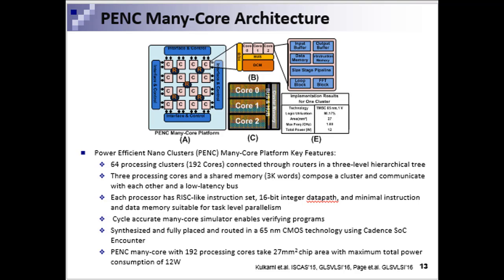This is fully placed, routed, and synthesized in 65 nanometer technology. Each core can be programmed through custom assembly, and there is a 16-bit data path, and there are 197 cores. The total chip area is 27 millimeters, and maximum power consumption is 12 watts.